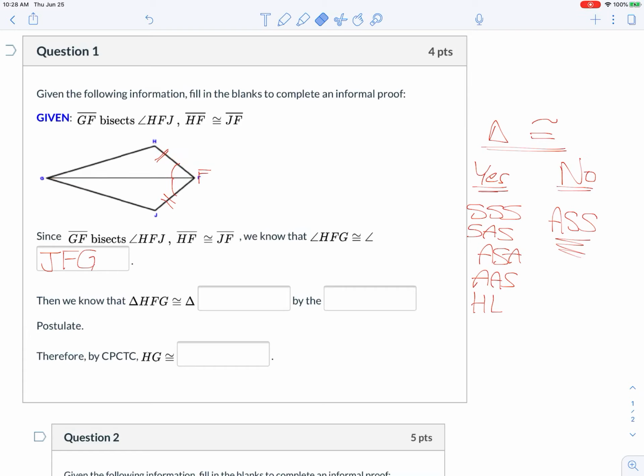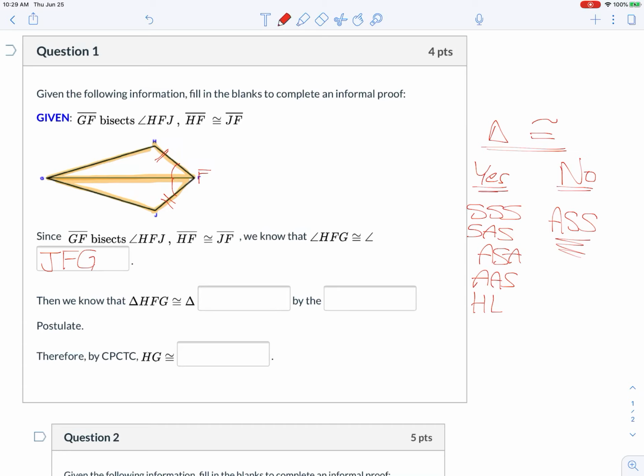Keep going. We then know that triangle HFG, okay, we're making a congruent statement, HFG is congruent to, it's that same angle. I think they're going to want this one. It needs to be congruent to this one.